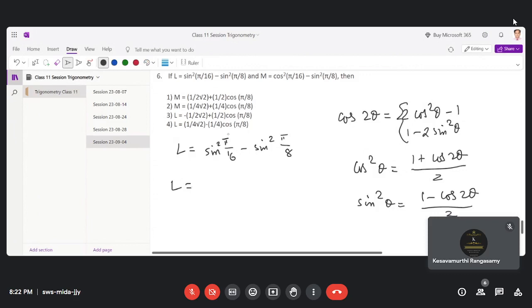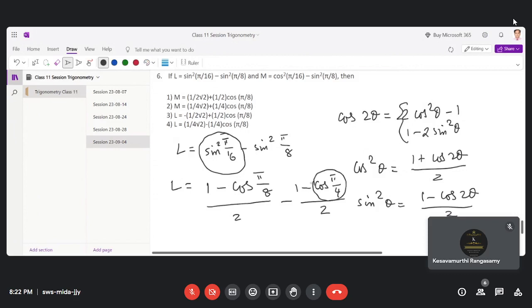So here sine square pi by 16 will be 1 minus cos 2 theta, whole divided by 2, minus... but we know the value of this, right?